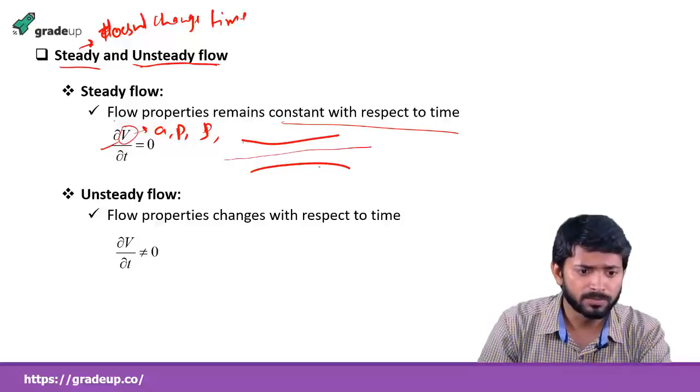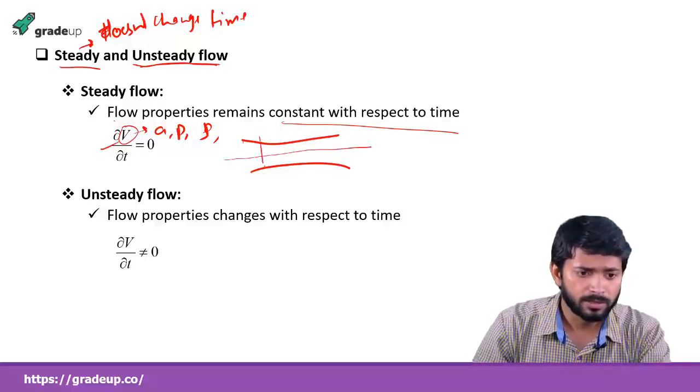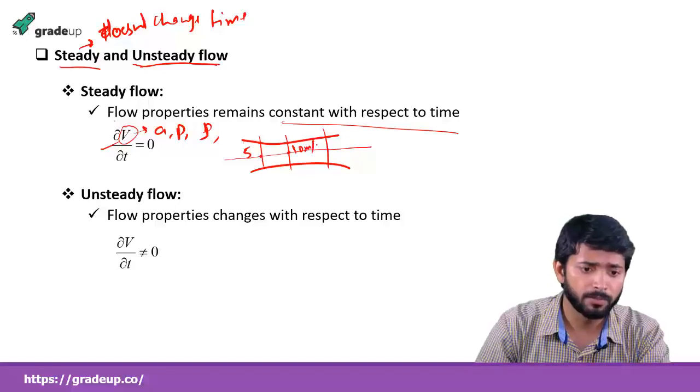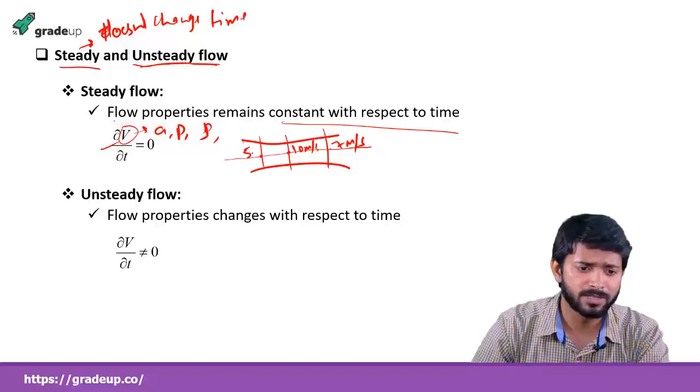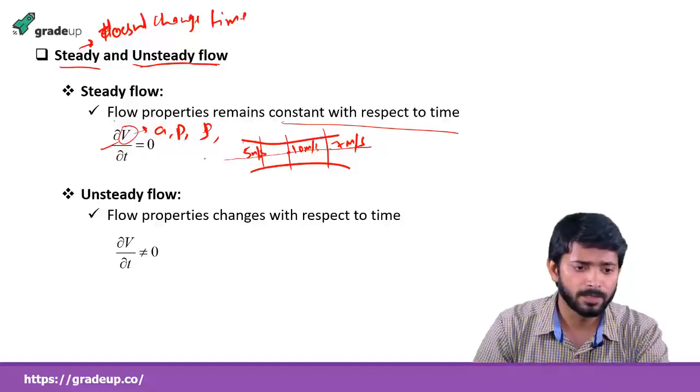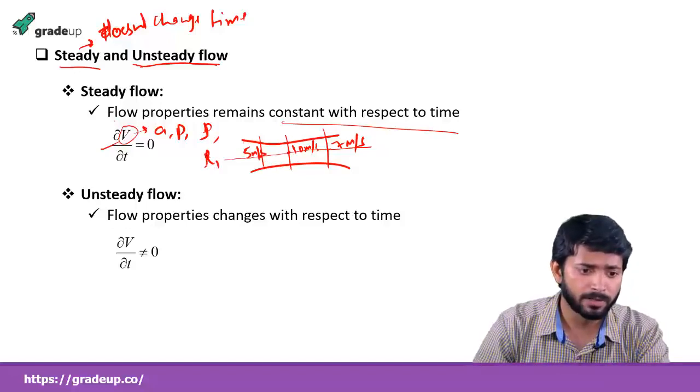Taking an example, say there is a nozzle. Here the velocity is 5 meters per second, here the velocity is 10 meters per second, and here the velocity is 7 meters per second. This is just a general flow condition, given at time t1.